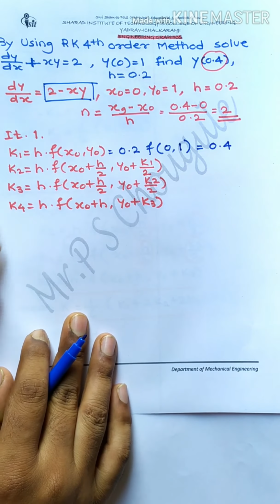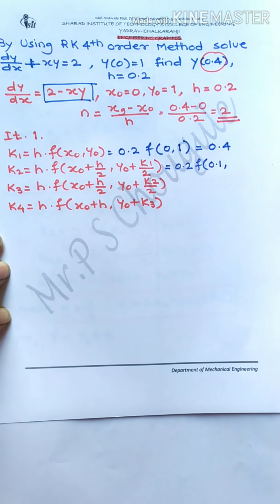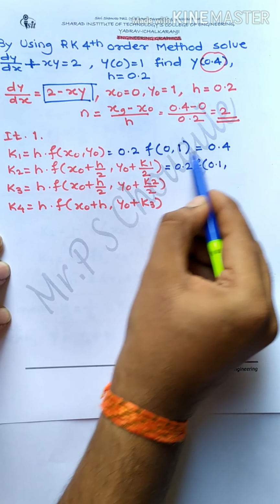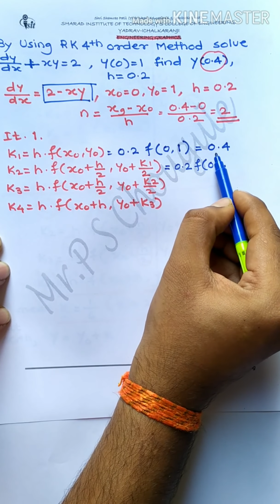Here h is 0.2, so divided by 2 is equal to 0.1. x0 is equal to 0, so 0 plus 0.1, we will get here 0.1. y0 is equal to 1, and the value of k1 is equal to 0.4, so divided by 2 is equal to 0.2. 1 plus 0.2, I will get here 1.2.